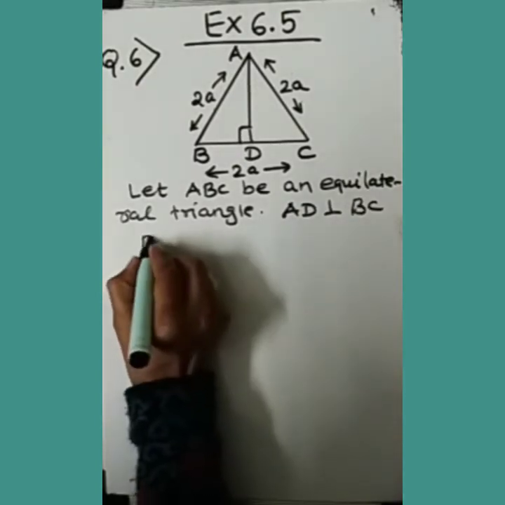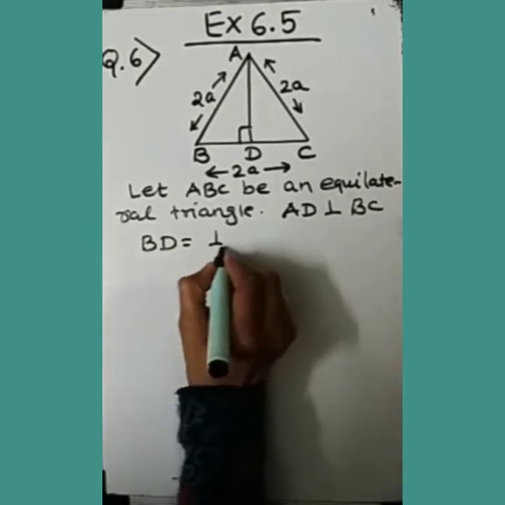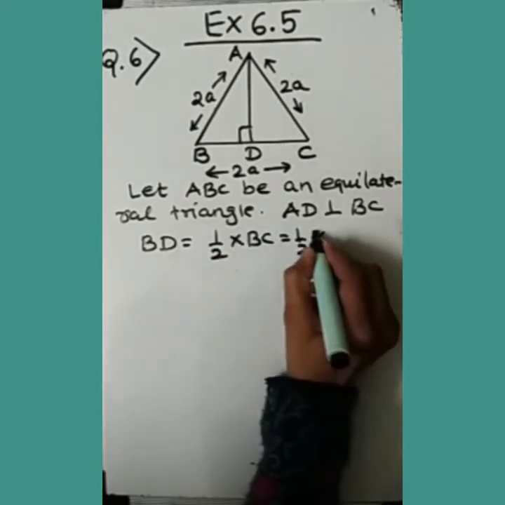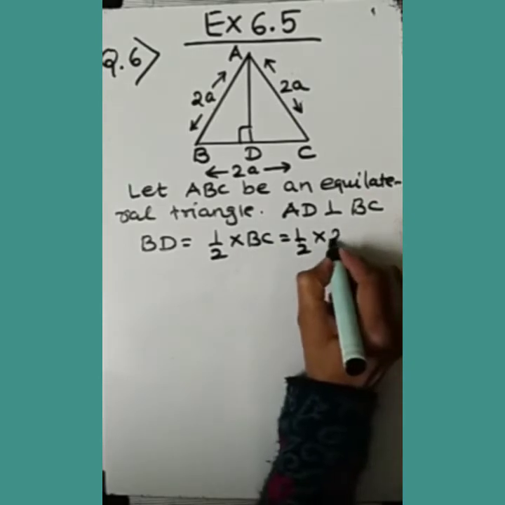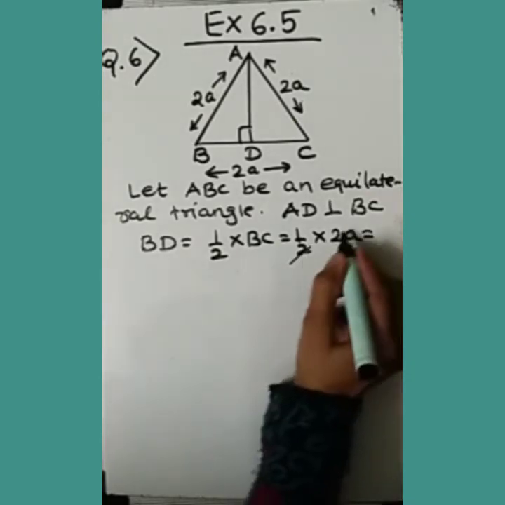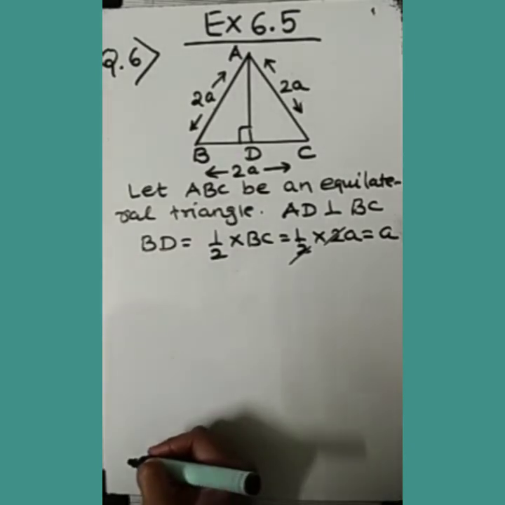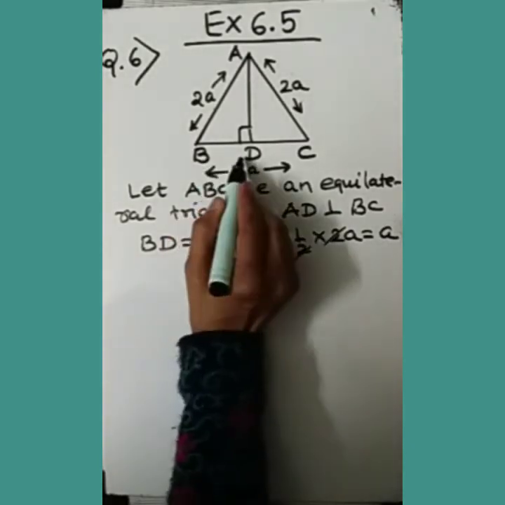So can I say BD equals 1/2 of BC? That is 1/2 into the length of BC, which is 2A. So 2 cancels, and it will be A. The length of this part is A centimeter.